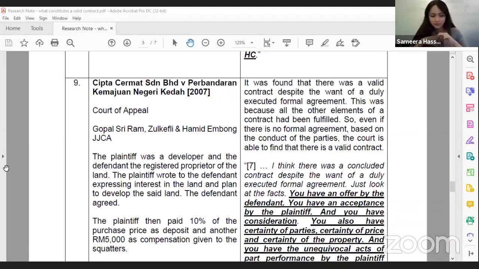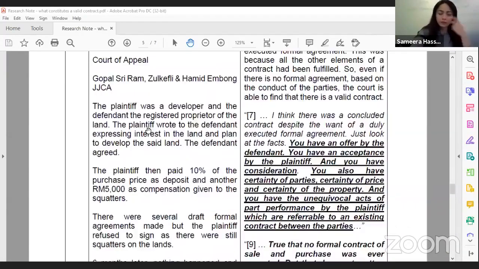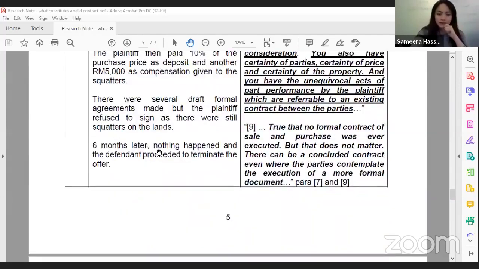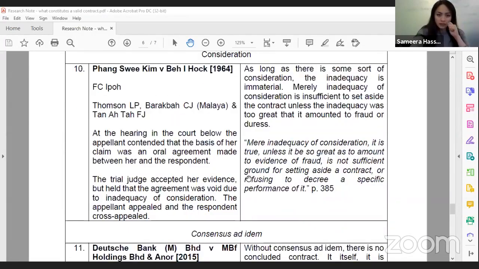So that's why it's very important to keep in mind that there could still be a valid contract even though there's no formal agreement and whatnot. So that's that. And this is a Court of Appeal case, so that gives it even a heavier weight. All right, next is the consideration.